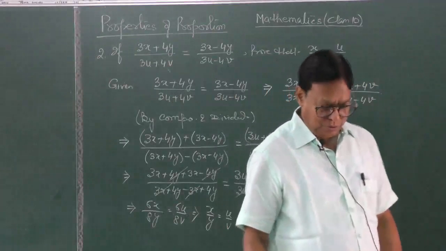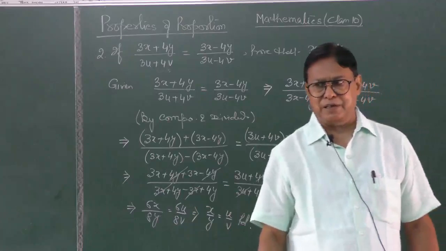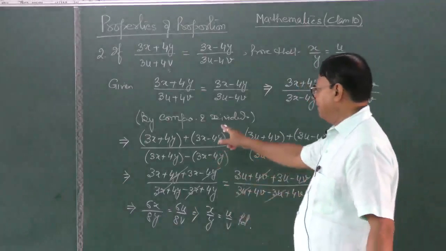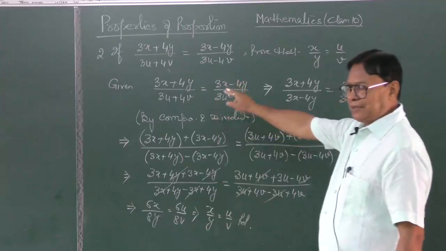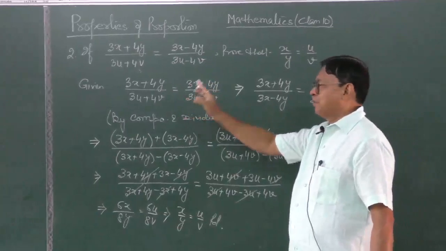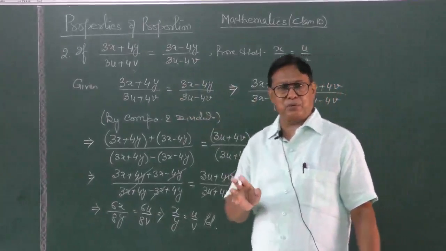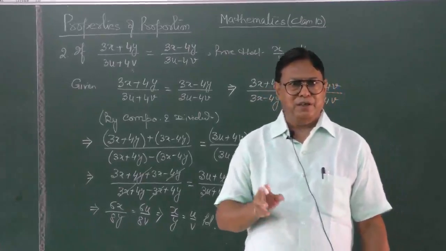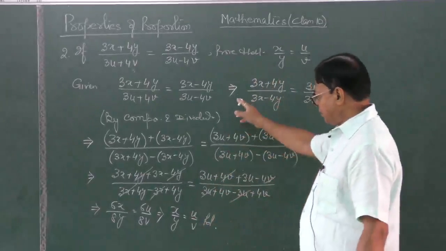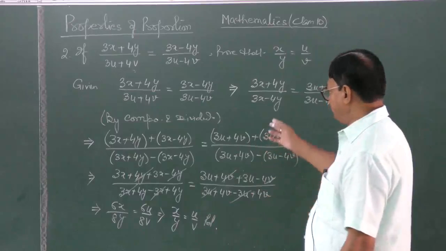Please do not do any cross multiplication at this stage here, right? You can get the answer by cross multiplication, but always use the property whether the question says or not, okay? Use the property, componendo or dividendo is the property which you have to use.